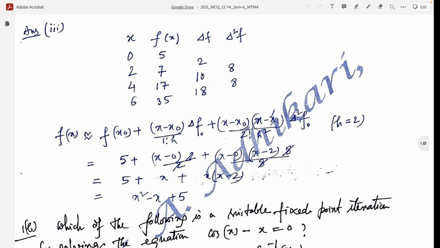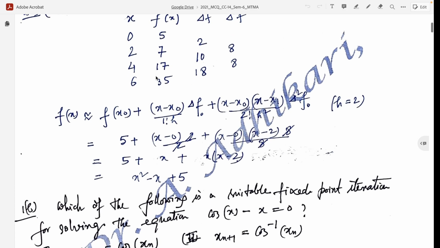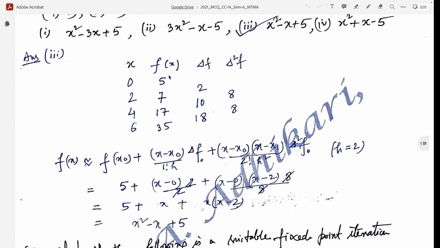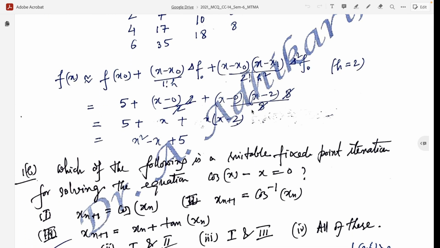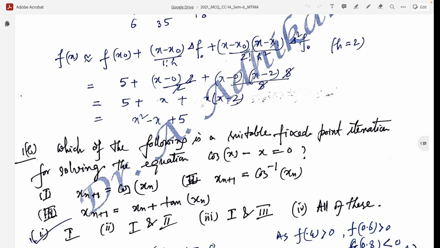Here h equals 2 because x0 is 0, x1 is 2, x2 is 4 and x3 is 6, so equidistant nodes. f(x0) is 5, delta f0 is 2 and delta 2 f0 is 8. Putting all these in the formula up to second order difference, we get 5 plus x plus x into (x minus 2), so the approximate polynomial is x square minus x plus 5.